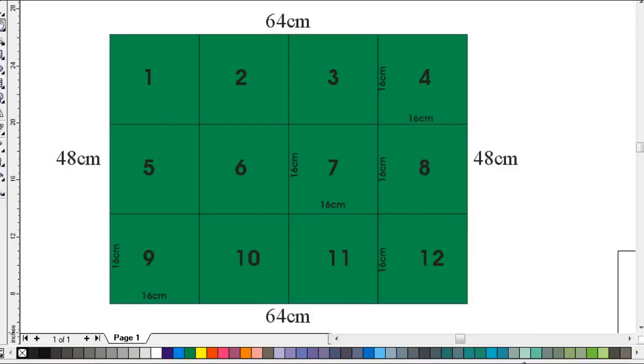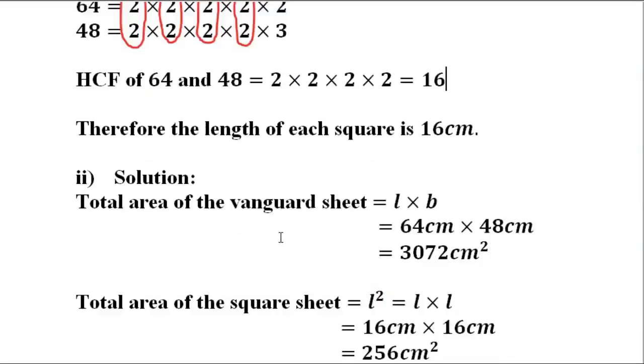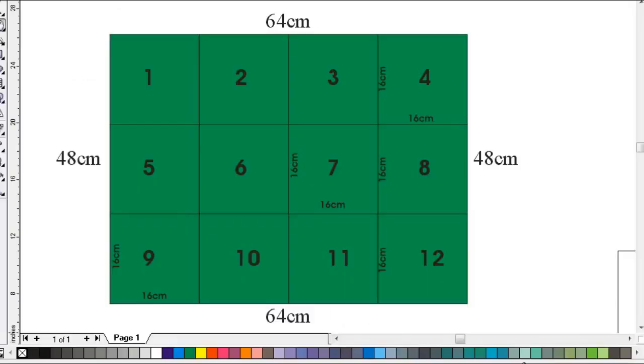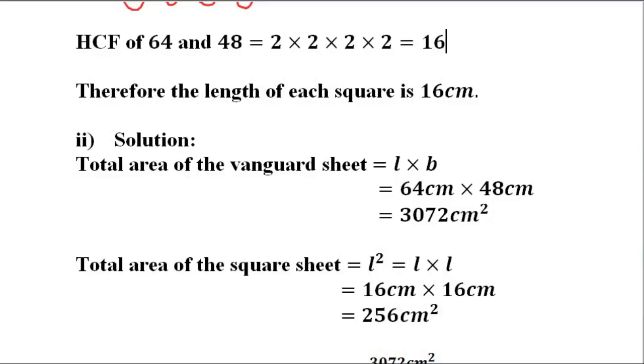For the second part, to find the total number of square sheets that Kiran wants to cut, I will divide the total area of the rectangular shaped vanguard sheet by the total area of the square sheet. The total area of the vanguard sheet is the product of its length and breadth, which is 64 cm multiplied by 48 cm, equal to 3072 square centimeter.